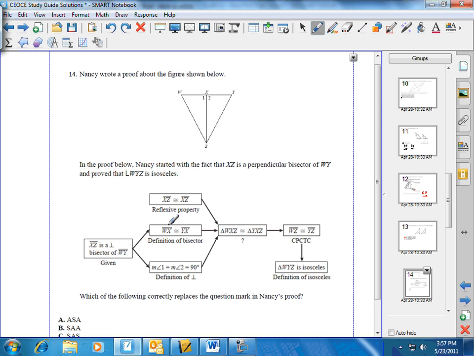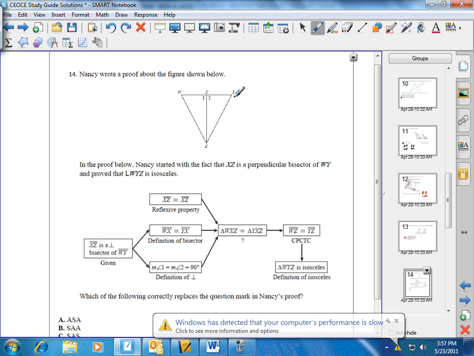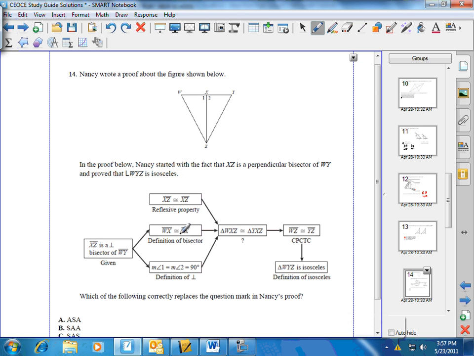And that means that WX is congruent to YX, by definition of a bisector, which XZ is. And that also means that the measures of angle 1 and angle 2 are 90 degrees. Well, she also stated that XZ is congruent to XZ, it's congruent to itself by the reflexive property.